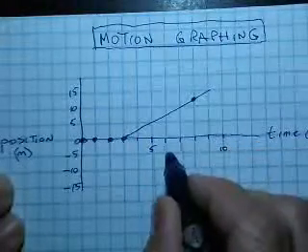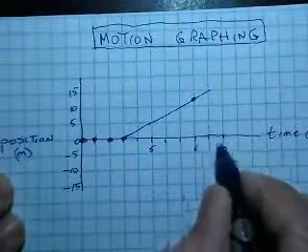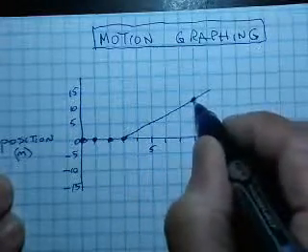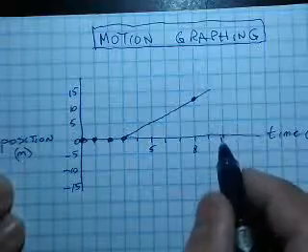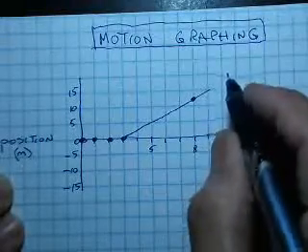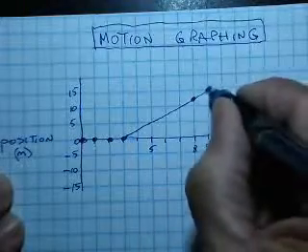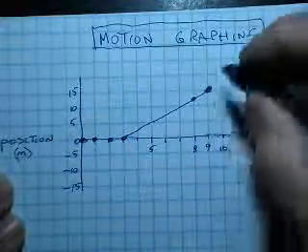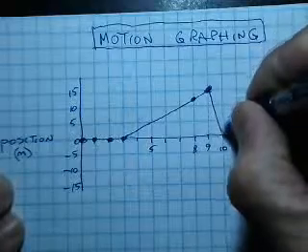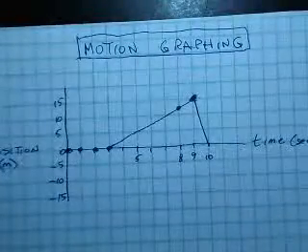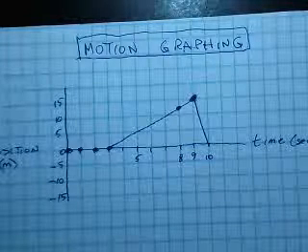So that would be what, 6, 7, at 8 seconds, I'm, whoops, here. Oh, what the heck? Let's go to 9 seconds. Right there, right to the top, 15. And then I come all the way back, like that. That's a pretty simple looking graph, right?